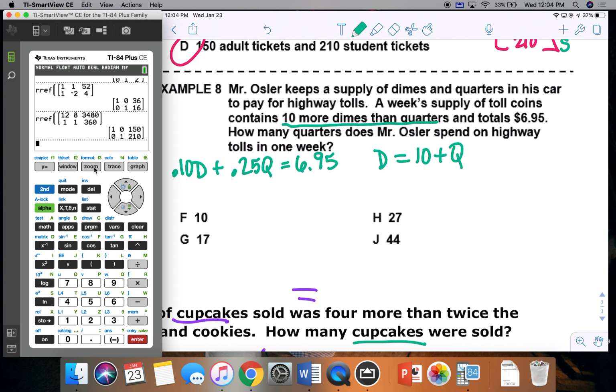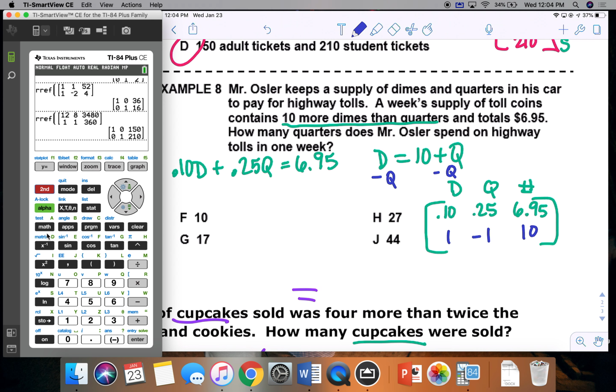They want to know how many quarters. So I need dimes, quarters, and number for my matrices. My money equation is set up for that. My other equation, I need to move Q to the other side, so I have D minus Q equals 10. So I can plug in second matrix, math, RREF, alpha, zoom, 2 by 3.